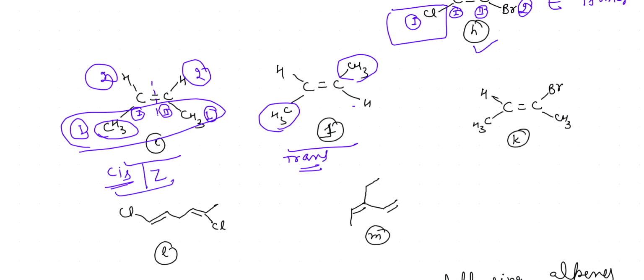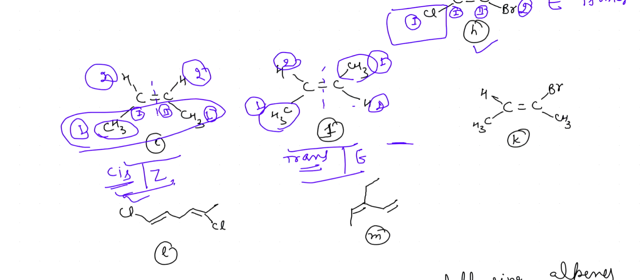But in case of this molecule, the high priority groups are present on the opposite side. So that's why it can also be designated as E isomer. So in these molecules, we can give nomenclature according to the cis and trans rule as well as through the EZ configuration. Clear? So it is not necessary that Z isomer will always be cis isomer or E will be trans isomer.